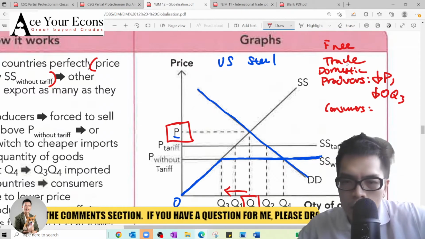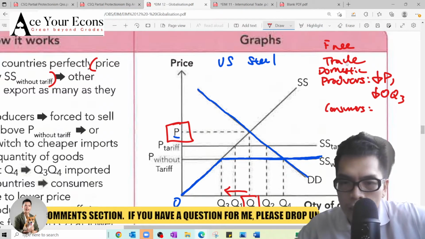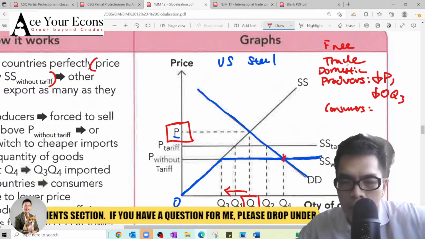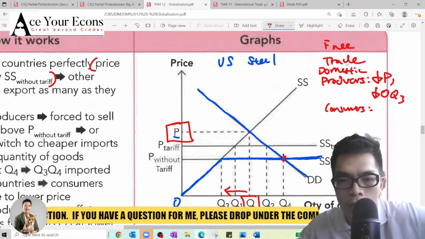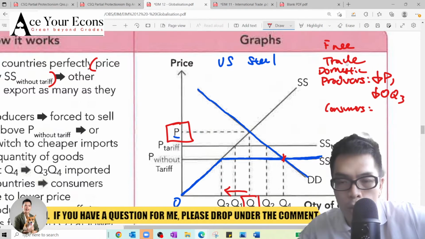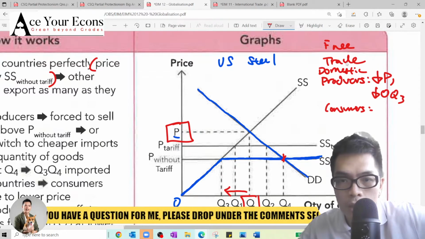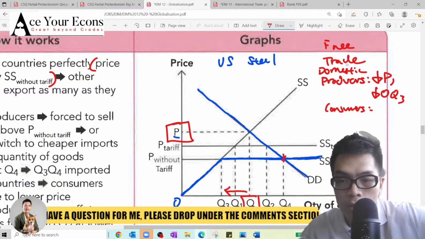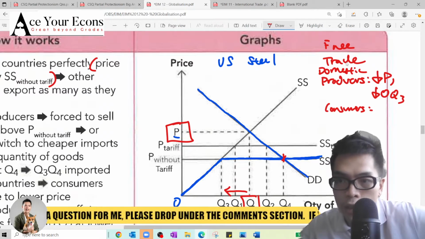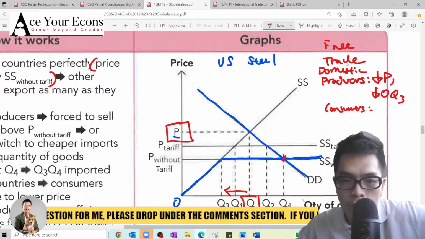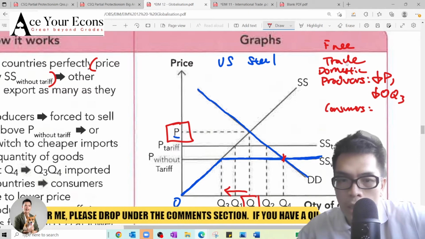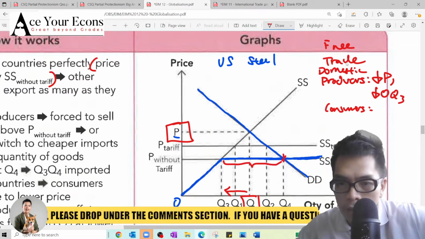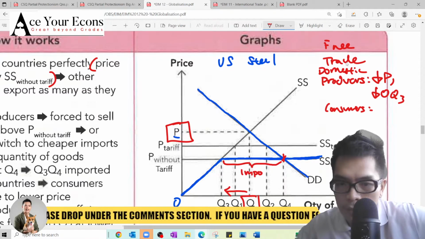You can see that this is the intersection of the new demand and supply curve. It simply tells us the final equilibrium quantity of steel that is going to be consumed. How do we determine that? 0 to Q3 will be satisfied by domestically produced steel, and the remaining will be imports here. Imported steel.